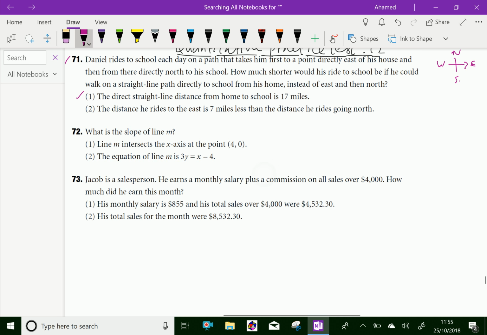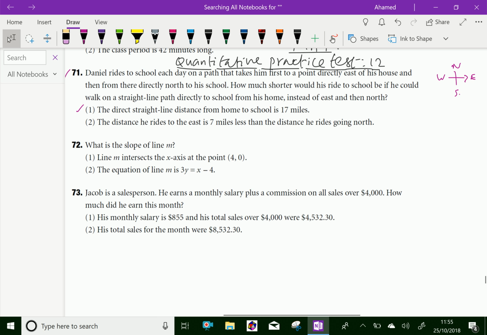First, he travels directly east and then to the north of the school. Now, his direct distance is given as 17 miles. Here, we cannot find the difference between the distance eastward and northward.